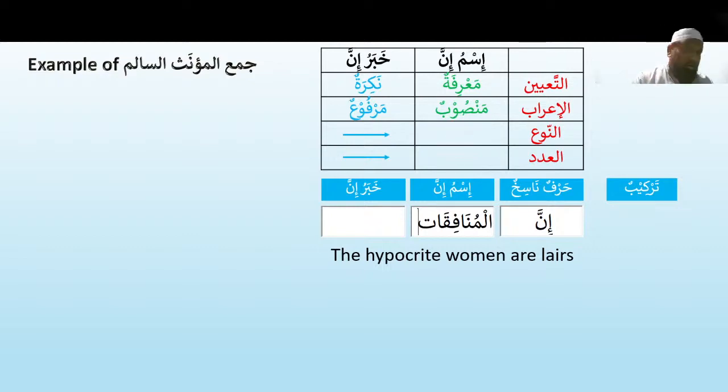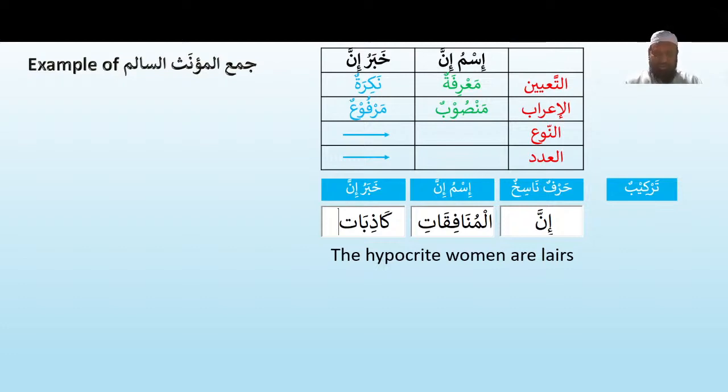Yes, well done. So jam'ul muannas salim shows i'rab with haraka. So in mansub case with the kasra. Innal munafiqati, and khabar is exactly the same, nakira marfu. So liars will be kadhibat. Now how does this jama muannas salim show its i'rab in marfu case?